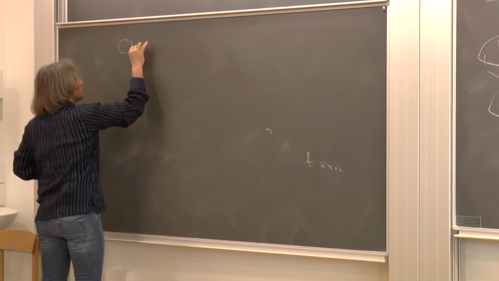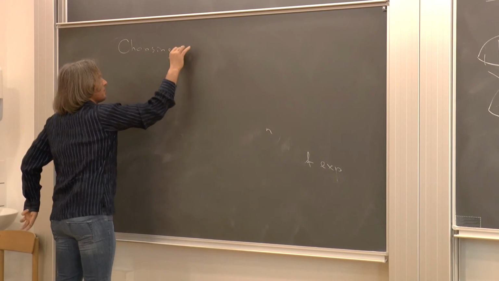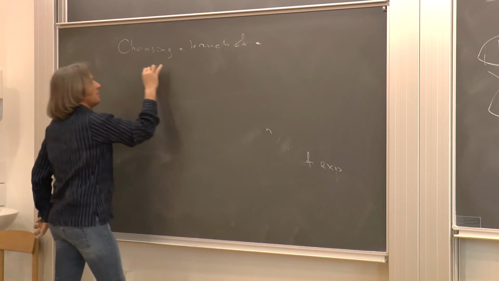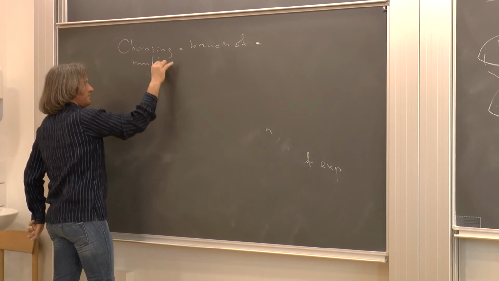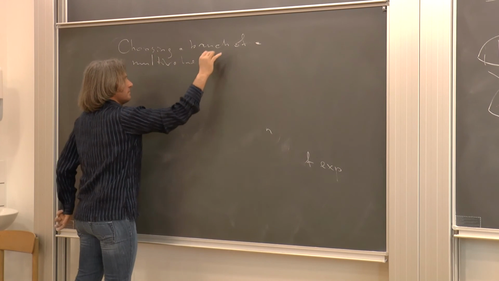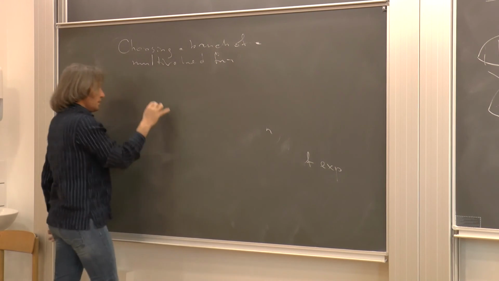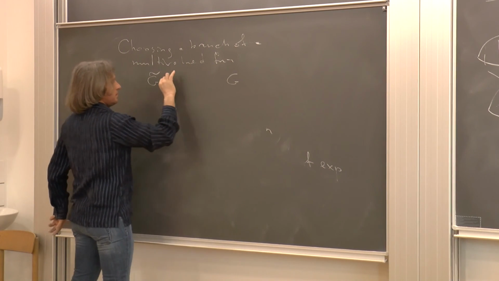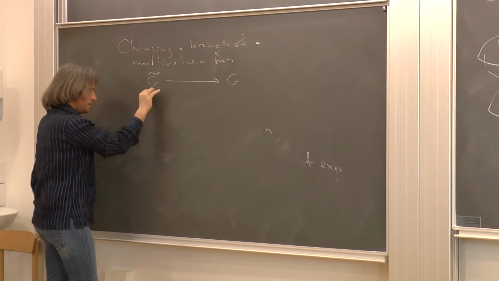Choosing a branch of a multi-valued function: so we have this G, we have G tilde. This is the universal cover, and this is our function.